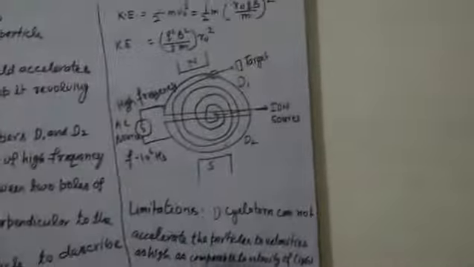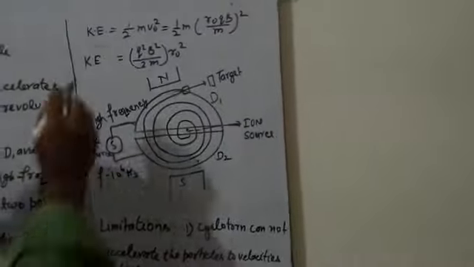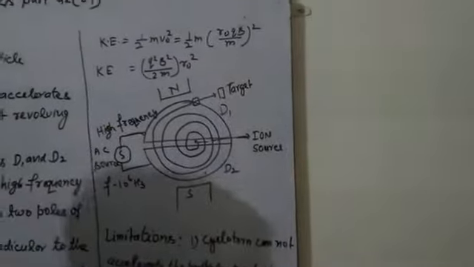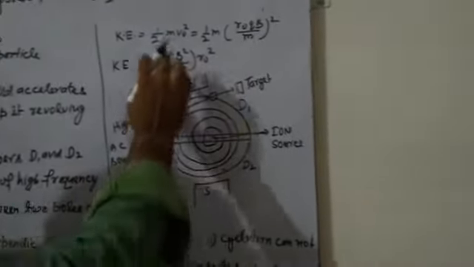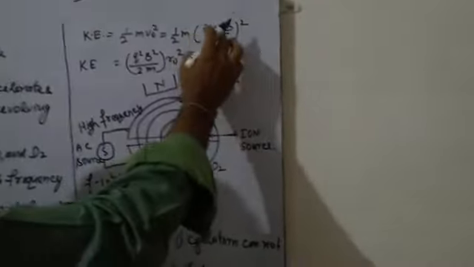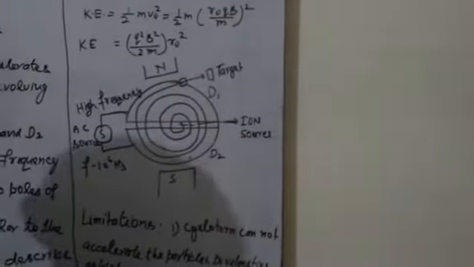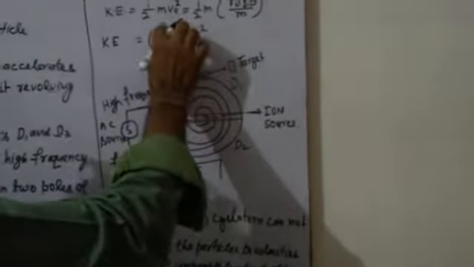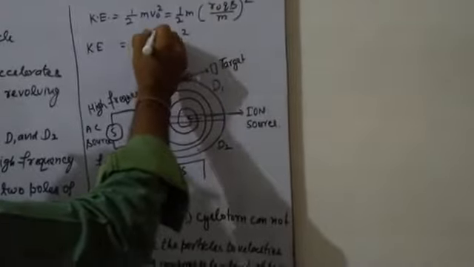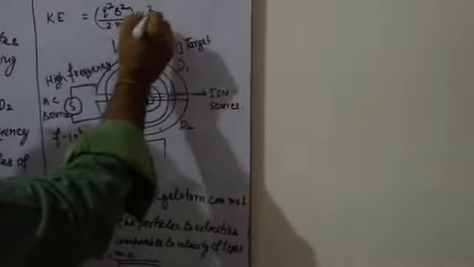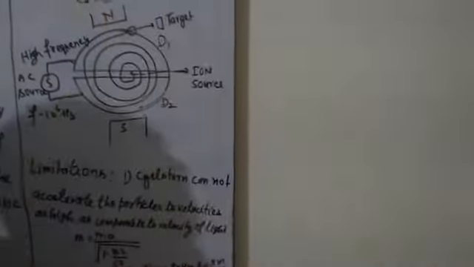Kinetic energy K equals half m v naught squared, which is half m times r naught qB upon m, whole squared. Therefore kinetic energy is q squared B squared upon 2m into r naught squared.